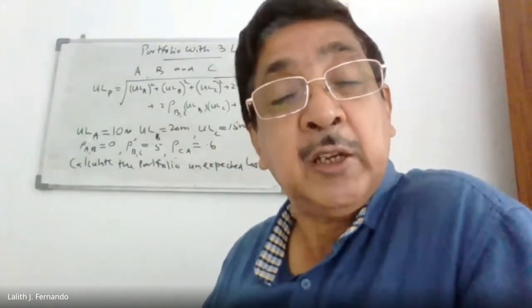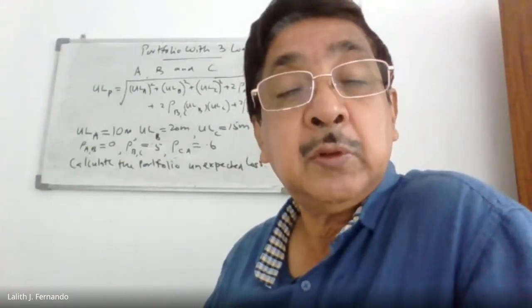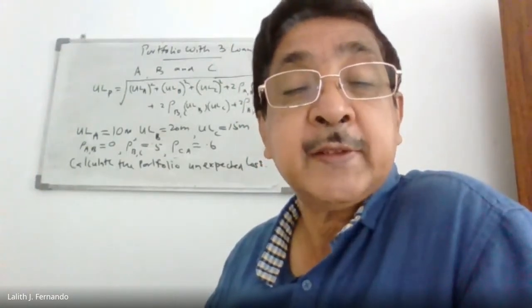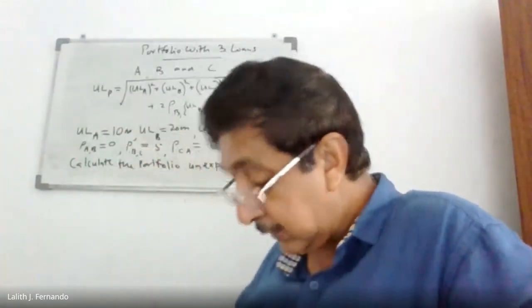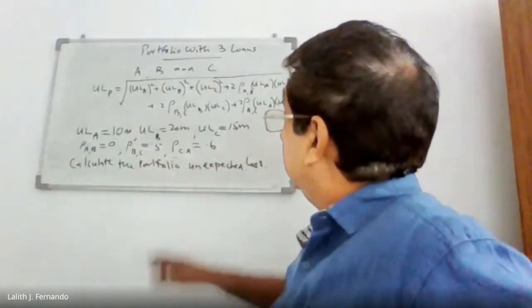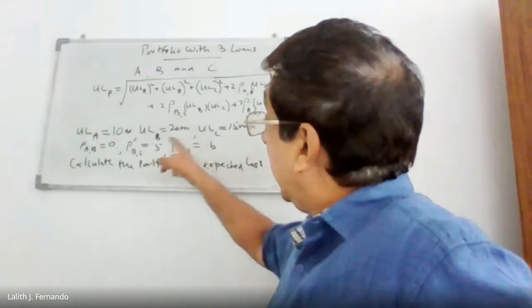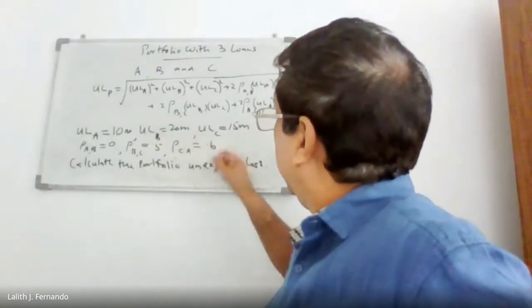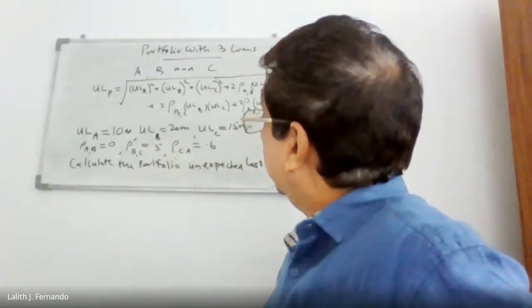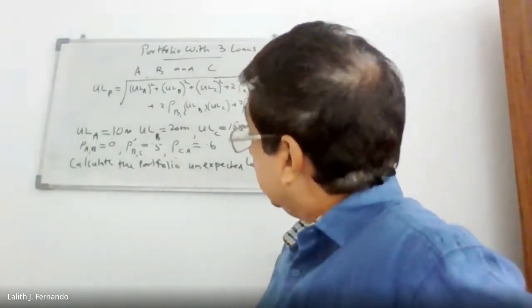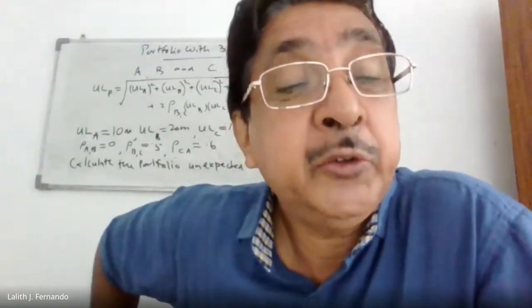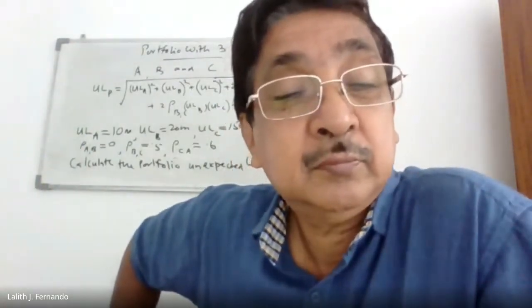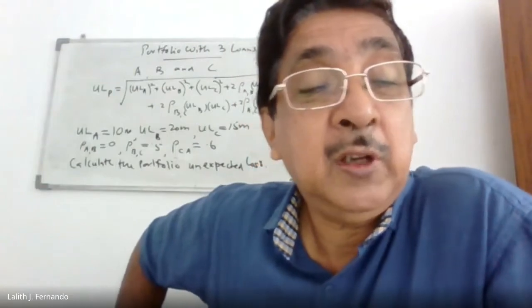And what I want to tell you is, now we have to analyze or discuss the answer. Now the answer you got is 34.71. Now you can see what has really happened. The portfolio loss is higher than any of the individual loans.